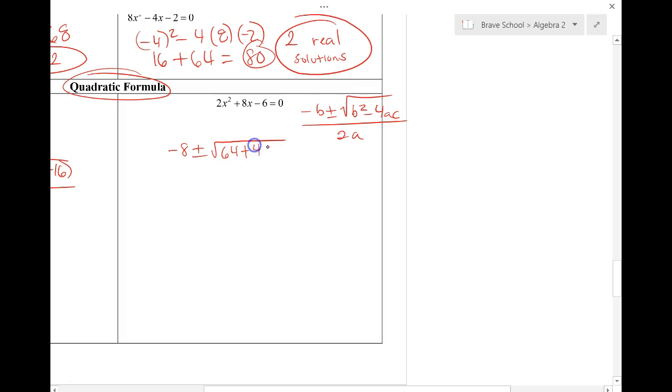So I'll have 48 here. And then 2 times a, which is 2 times 2, is 4, so that's the bottom. And then negative 8 plus or minus the square root of 64 plus 48, which is 112.